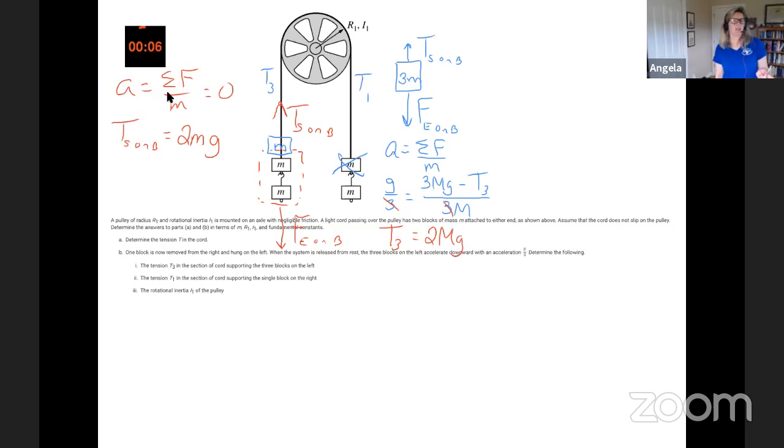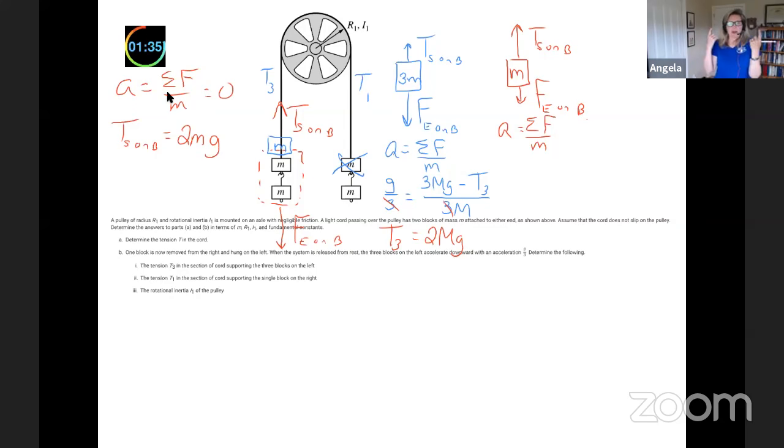And then we have to find the tension in the right string. So let's do a force diagram of the block on the right. That would have tension of the string on the block, and force of the earth on the block. And you know this one's accelerating upward. You have to decide whether this way is positive or this way is positive.